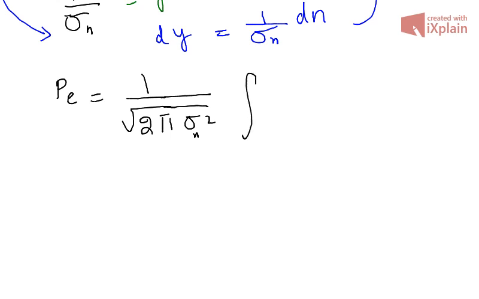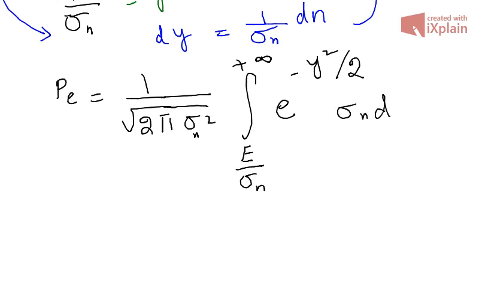Now from e to infinity means we have e over sigma n, right? Instead of e, we have e over sigma n to infinity, and then the exponential term is y square over 2, and instead of dn we can write sigma n times dy, right?